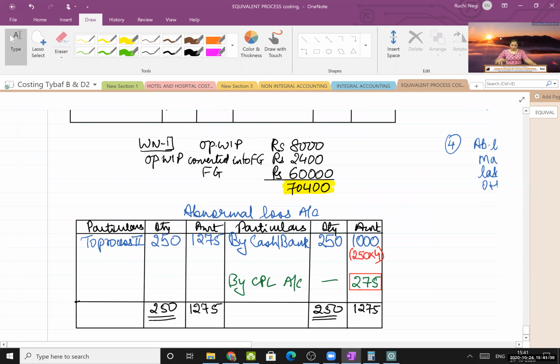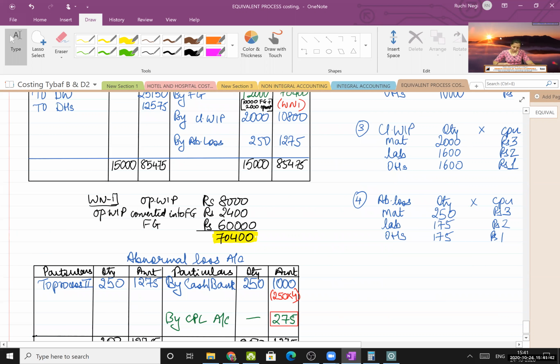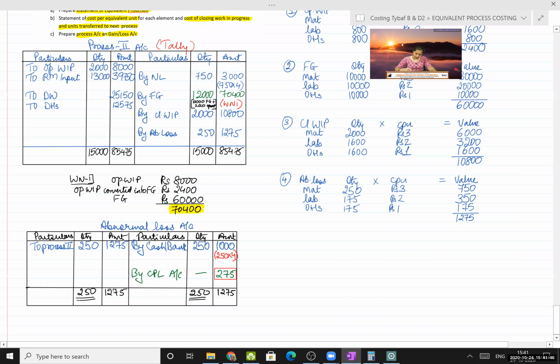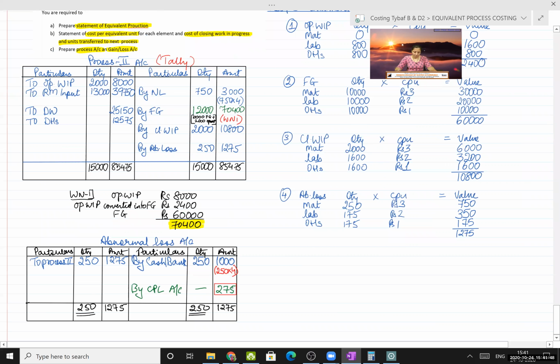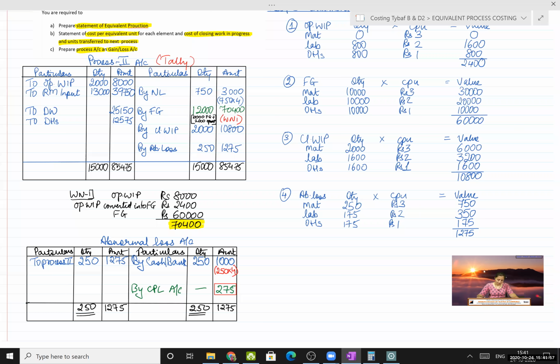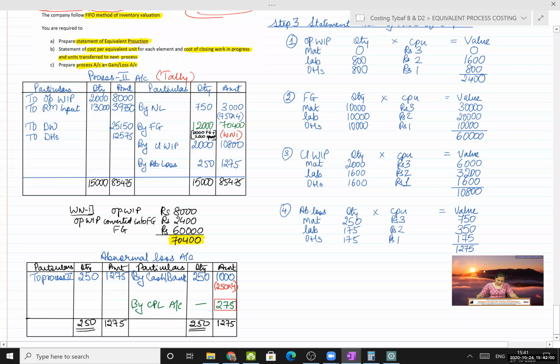Okay. Am I clear about it? So this is the whole sum. Samjha? Just acknowledge it in the chat box. Okay, don't forget वो opening WIP, which is getting converted into finished goods in the current year or in the current process.